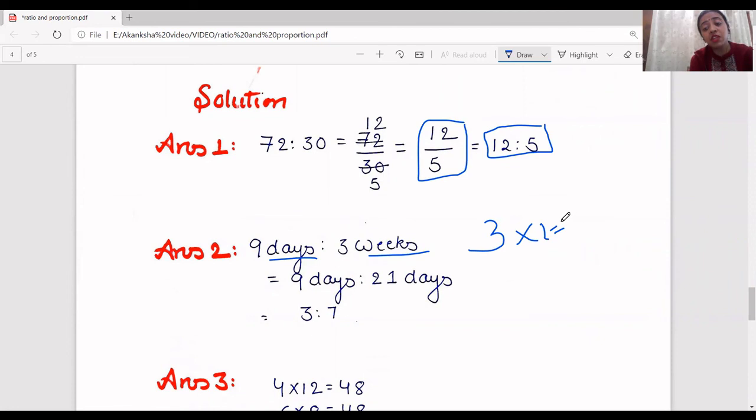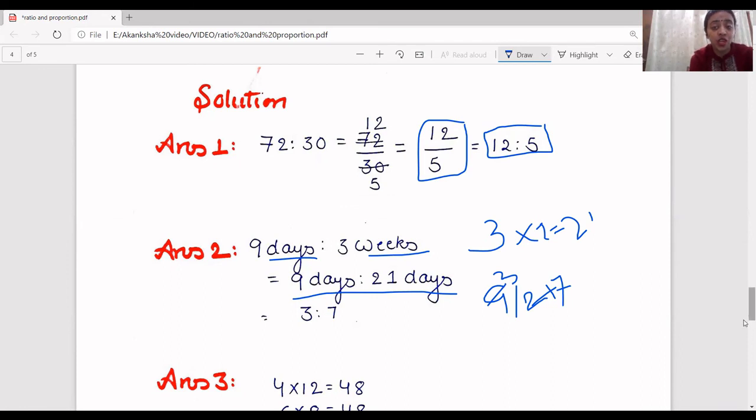So there are 21 days. So 9 days is to 21 days. So 9 upon 21, when you simplify, how can you simplify this? 3 3s are 9 and 3 7s are 21, right? So 3 is to 7 is your answer.